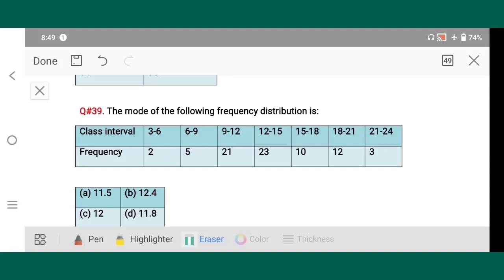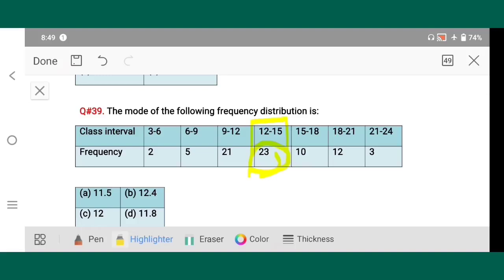So first we will find the modal class. We see the highest frequency is 23, so our modal class is this one, that is our mode will lie in this class, that is 12 to 15.